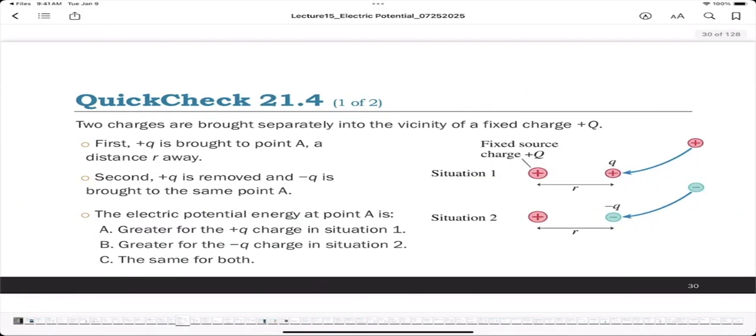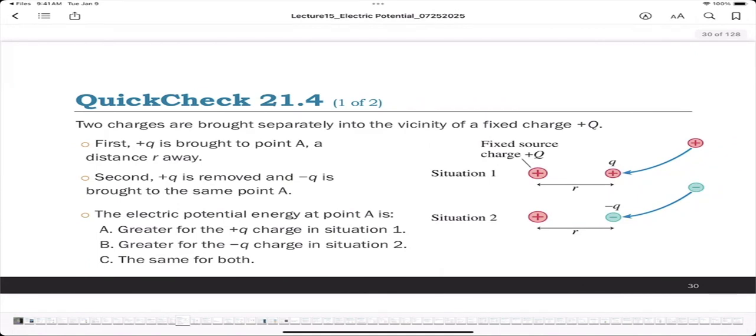And there is another question, and you can see it's similar to that one. The two charges are brought separately into the vicinity of a fixed charge, positive capital Q. First, the positive q is brought to point A, a distance r away.